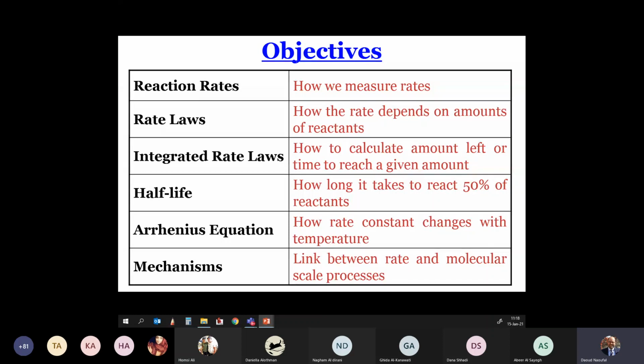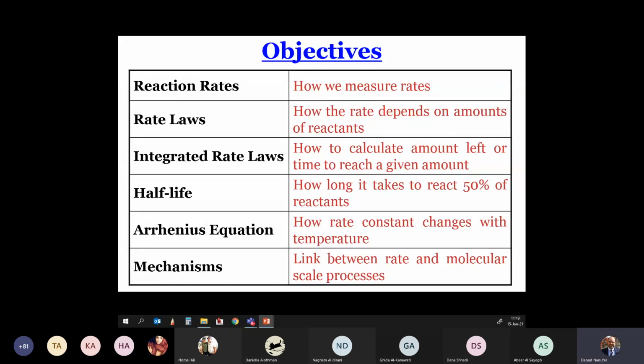The question, for example: what would be the concentration of the reactant A after 50 minutes or after 5 minutes? Or what is the amount of B formed after 10 minutes? To solve this type of exercise, we have to go through the integrated rate law that gives the relation between the concentration and time.